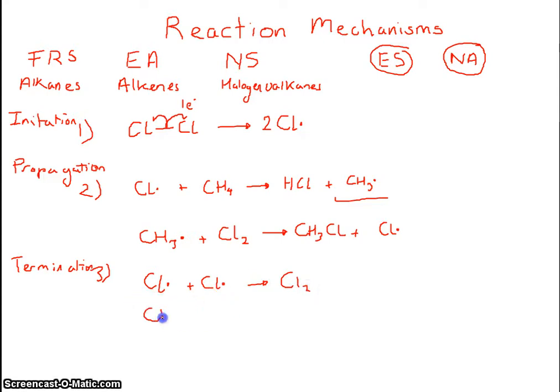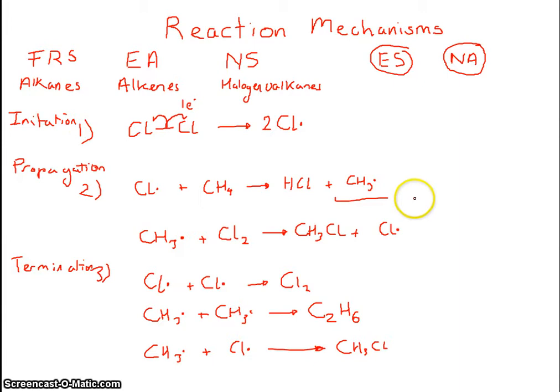I can take any 2 methyl free radicals, and they can react together to give me ethane. And I can also do a combination, so I can take my methyl and my chlorine free radical, and I can simply add them together to make chloromethane.